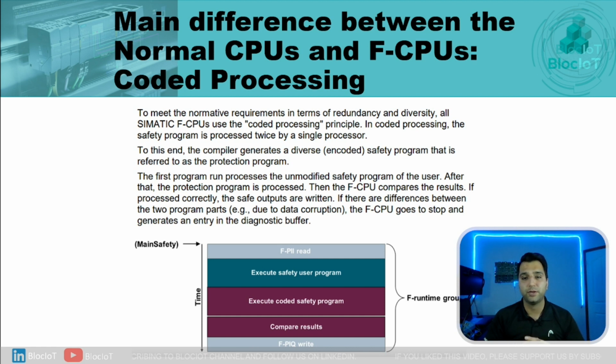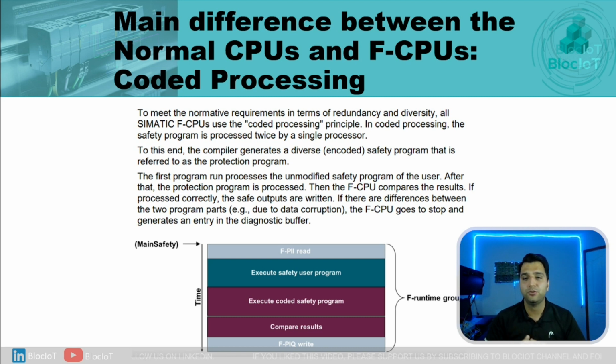One of the main differences is a concept called coded processing. All FCPUs use a principle called coded processing, in which the safety program is processed twice by a single processor.